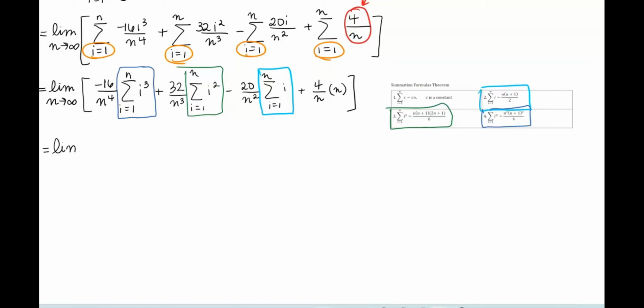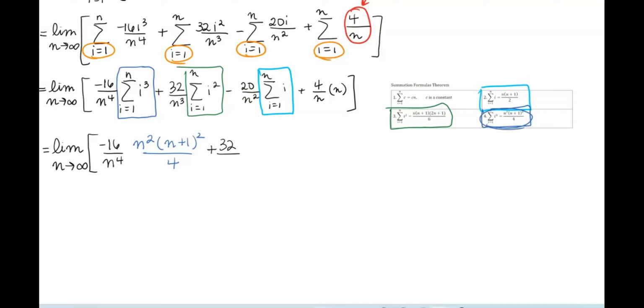So we have the limit as n approaches infinity of -16 over n to the 4th. And that first blue box, the sum of I cubed, is equal to n squared times n plus 1 squared all over 4. And I'm getting that from number 4 in the theorem.